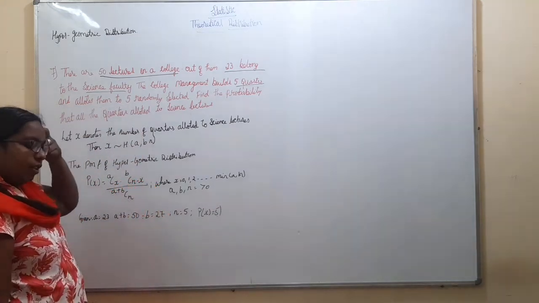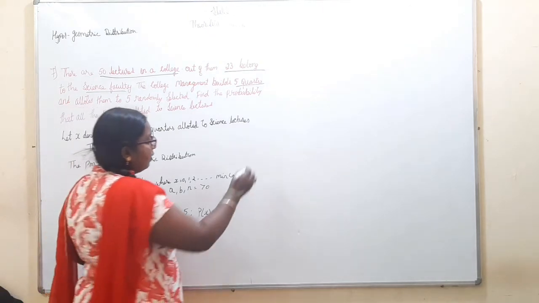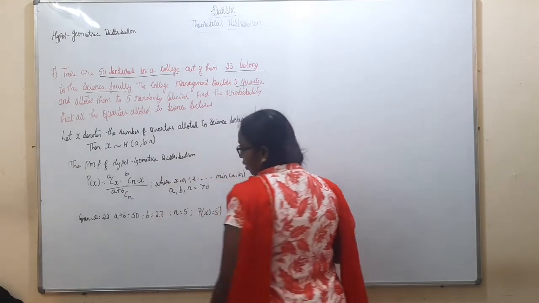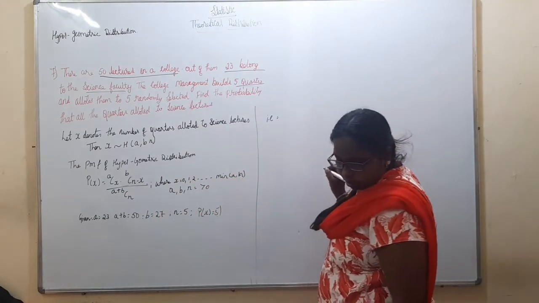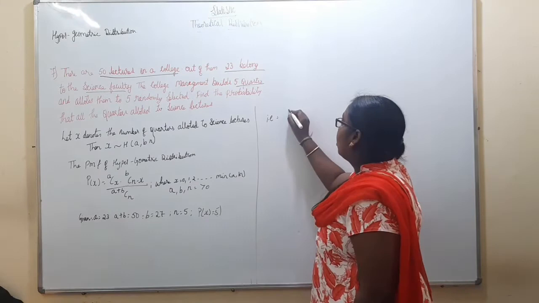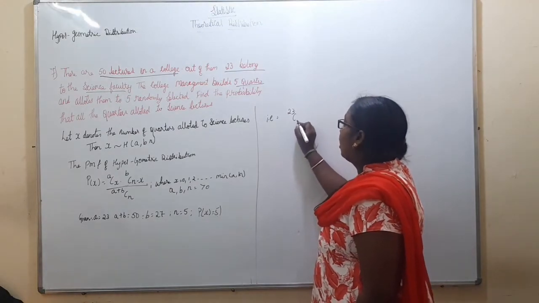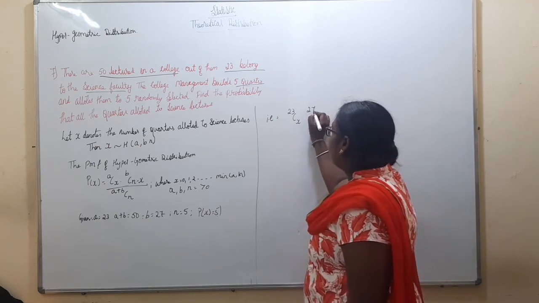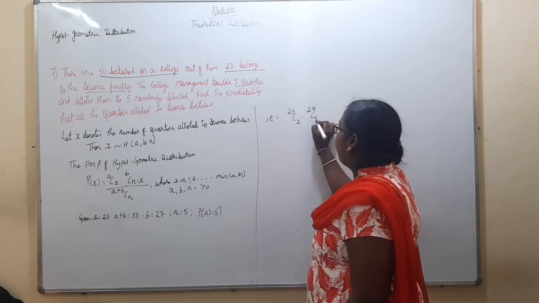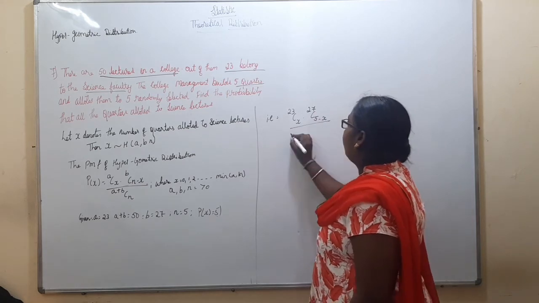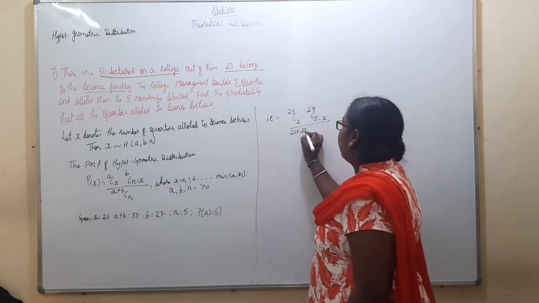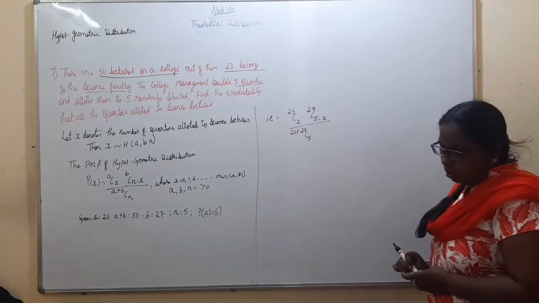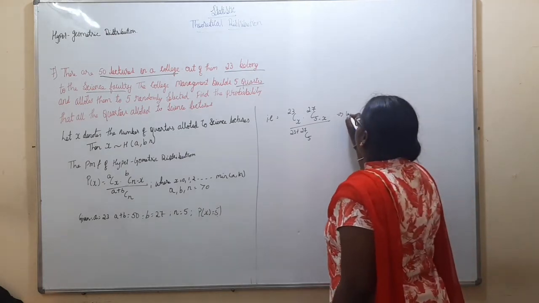So here we will take the values: A is 23, so 23CX into B, which is 27, C(N minus X) where N is 5, divided by (23 plus 27)C5.